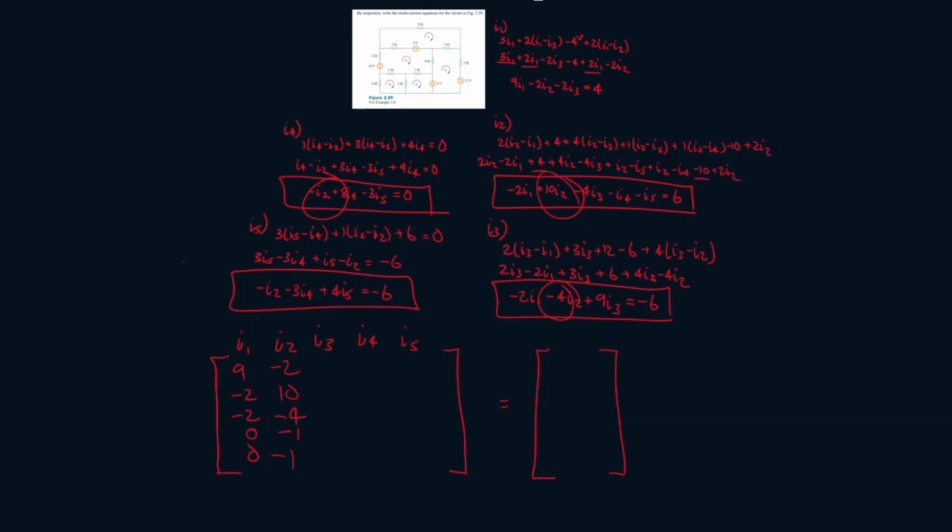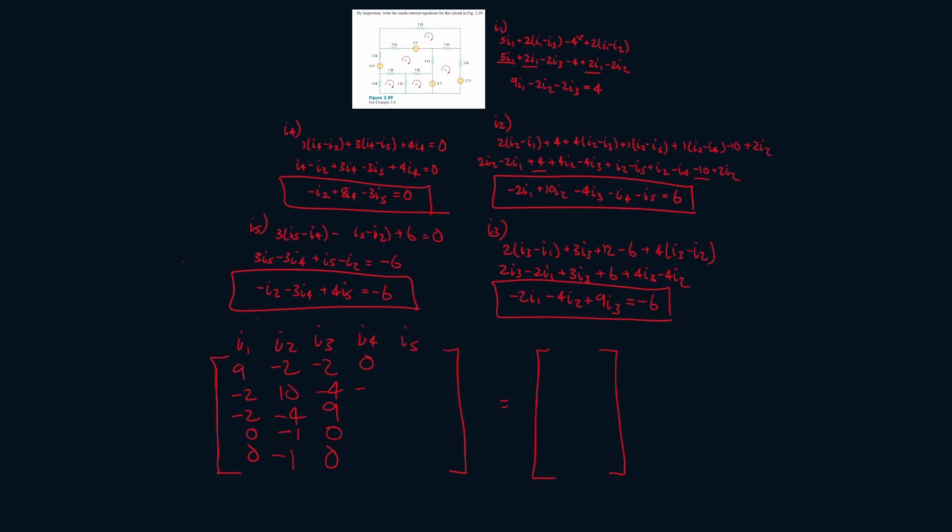Okay? Now for I3, we see there's a minus 2 here. Minus 4. 9. And the last two don't include any, so it'll be 0, 0. Alright, so now I4, the first one doesn't include any, so it'll be 0.